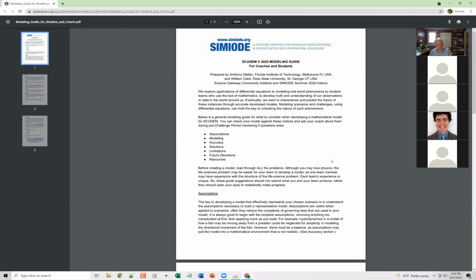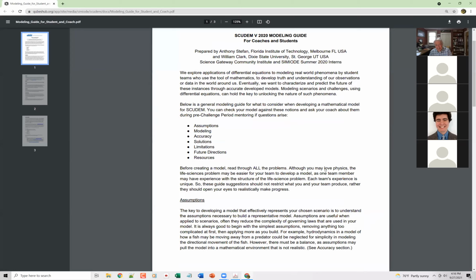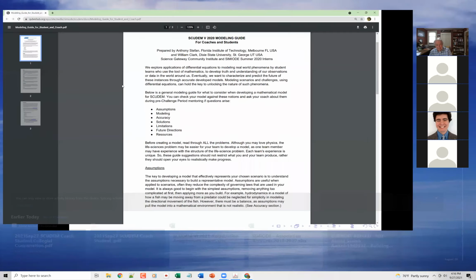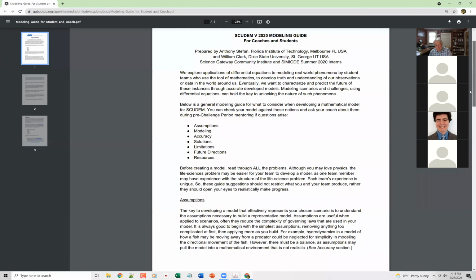So all of those resources Brian mentioned are fantastic resources. Obviously, the SCUDEM webpage is also a fantastic resource. But from a student perspective, looking at this modeling guide, we wrote this to not only help students understand what would be the ideal presentation to give, but also the best type of approach to create a good model.